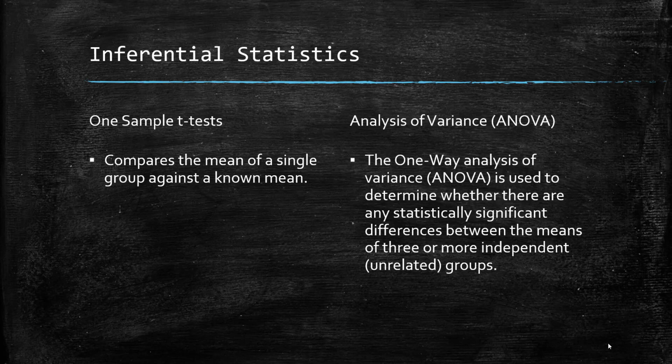I would choose the ANOVA, the one-way analysis of variance. It's made to look at the difference between three groups, as opposed to the independent samples t-test, which looks at the difference between two groups. They do essentially the same thing. It's just a different statistical formula used based on the number of groups.